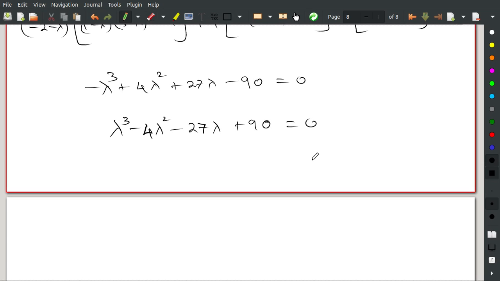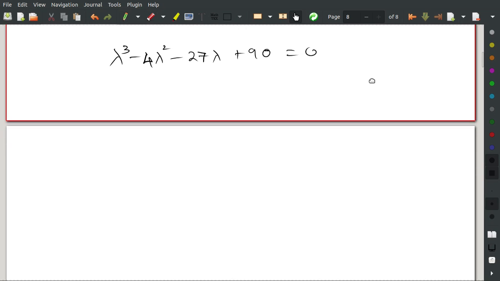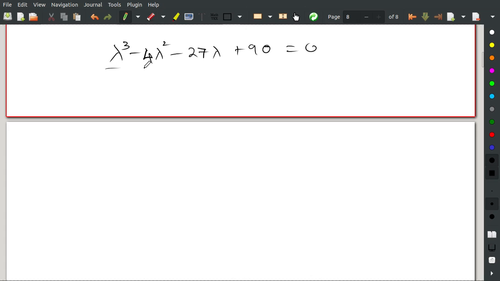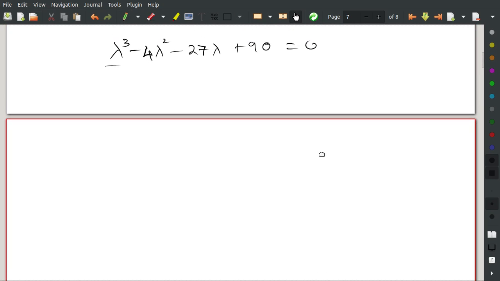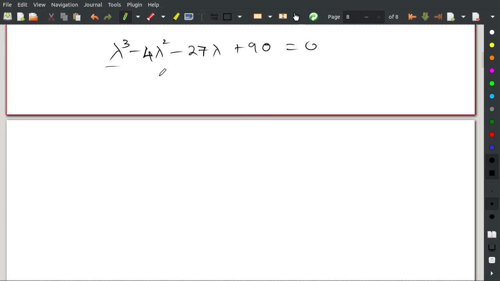So we have to find the roots of this equation. The roots of this equation give the eigenvalues, so these lambdas are the eigenvalues. In order to find the roots, let's try to factor out lambda minus a term such that this equation reduces to quadratic form.